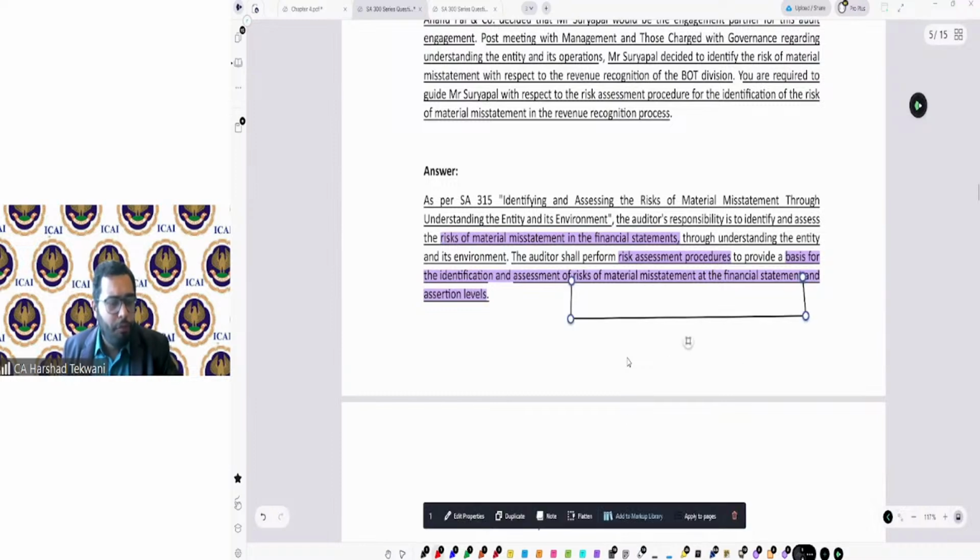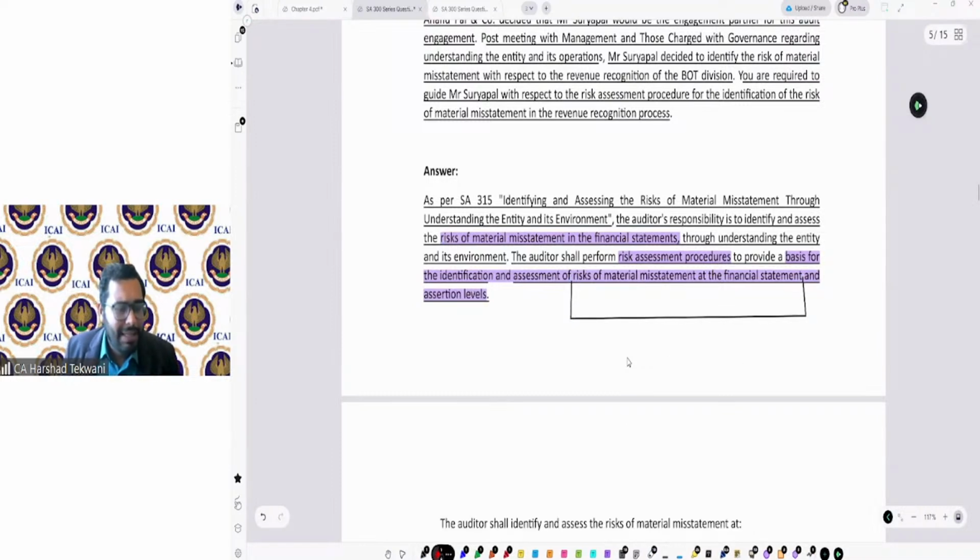Okay, most people try to write this particular thing as risk in financial statement, or they write only risk, or they write risk as a whole, or risk at the top level.